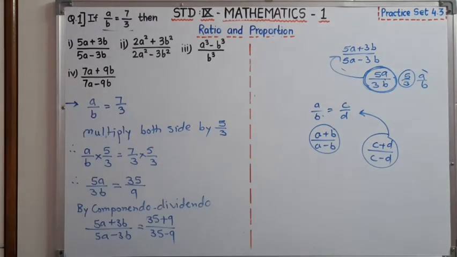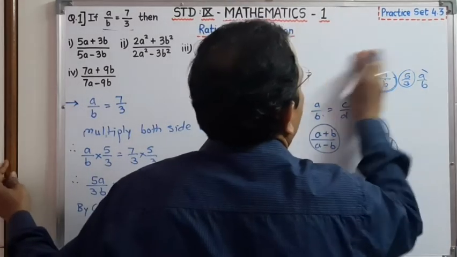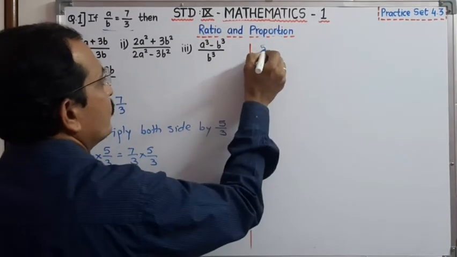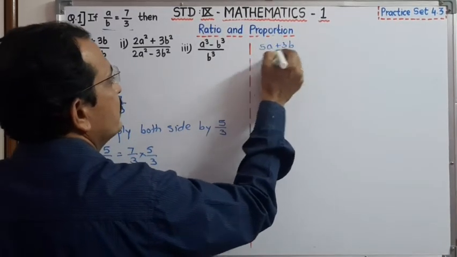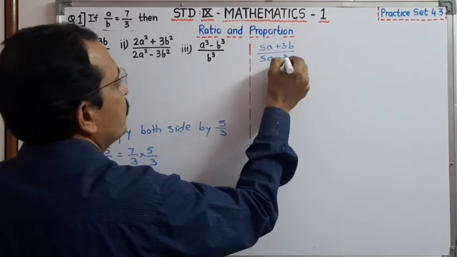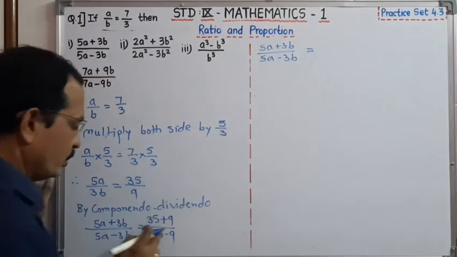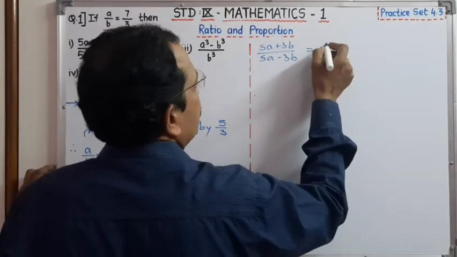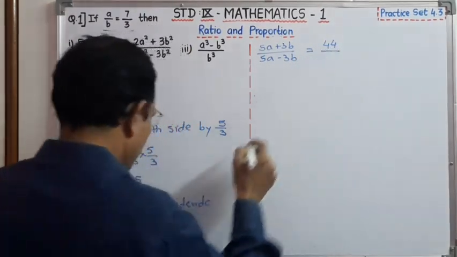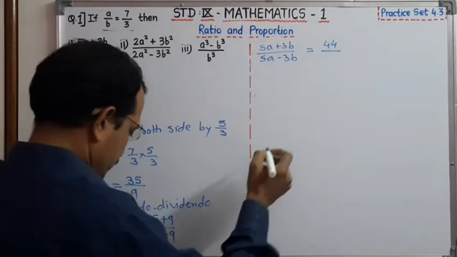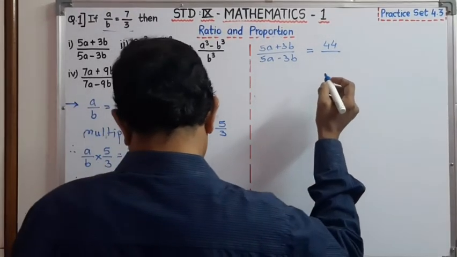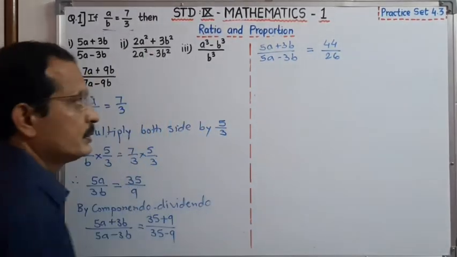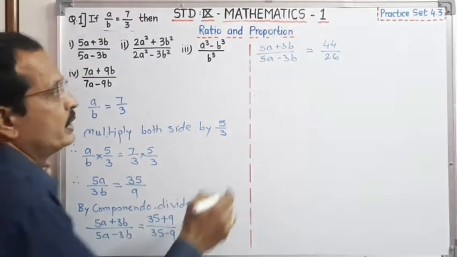Therefore, dear student, we got (5a plus 3b) upon (5a minus 3b) is equal to, we have to do the calculation, 44 upon 26.